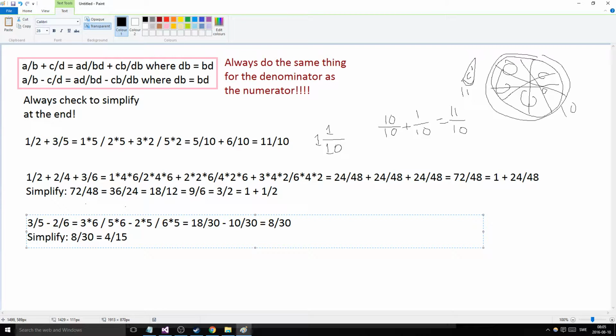It's 4 through 15. That's correct. Let me just see. 4 divided by 15, and 8 divided by 30, the same. Yeah, cool. So this was correct.